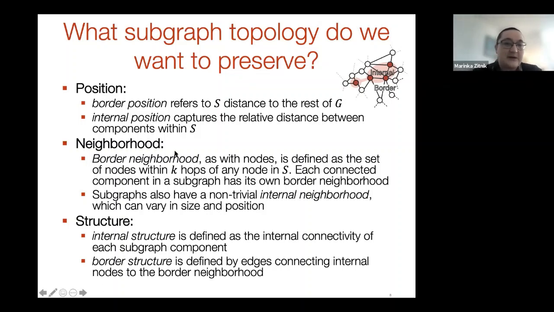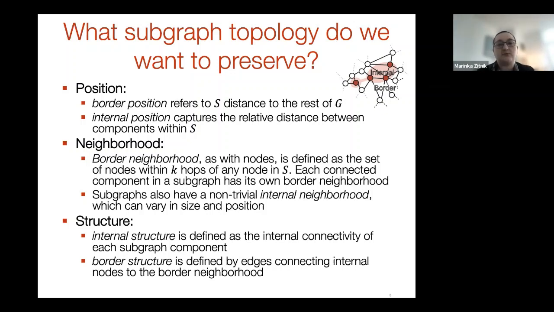Okay, great. So let me very briefly describe the three properties. When we talk about position of a subgraph, what we mean is position of the subgraph with respect to the underlying graph. In particular, the intuition here is, does a subgraph reside in the core central region of the graph, or does it reside in the periphery of the graph?